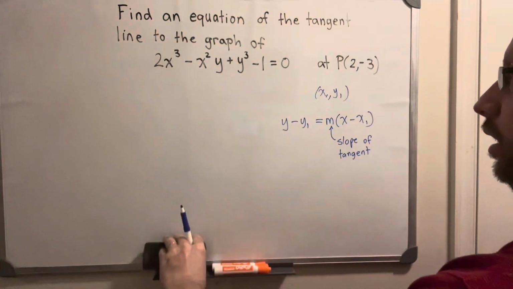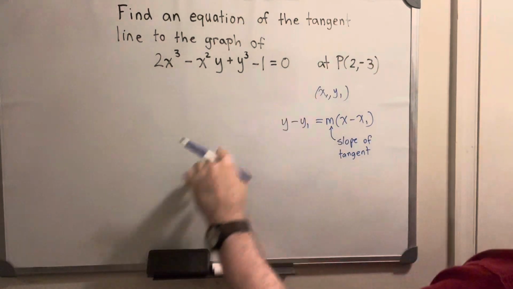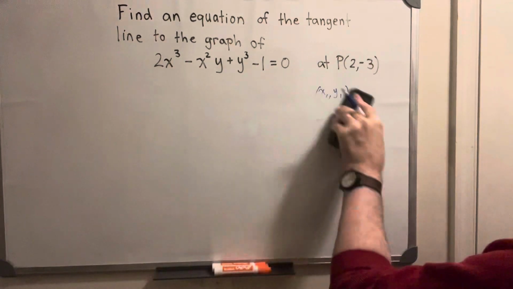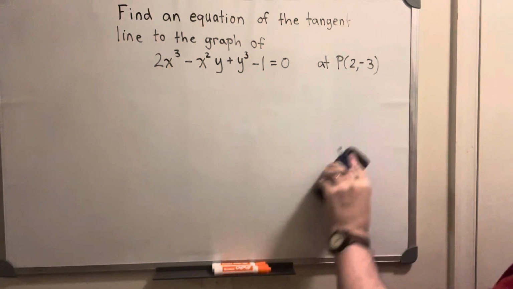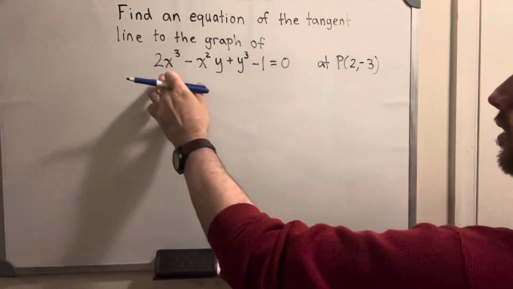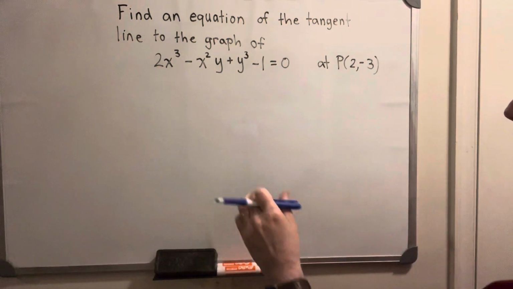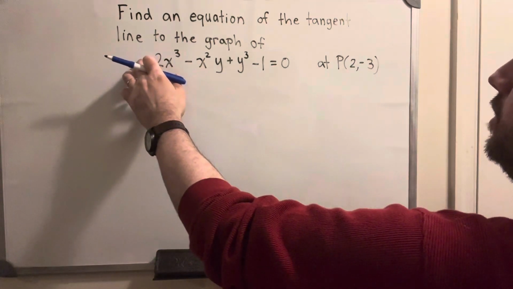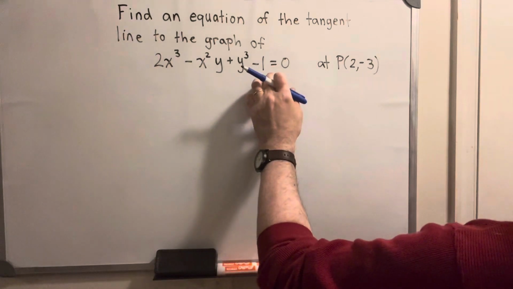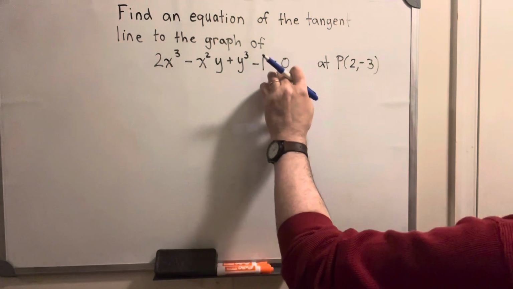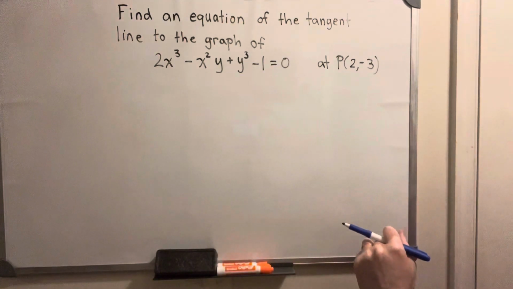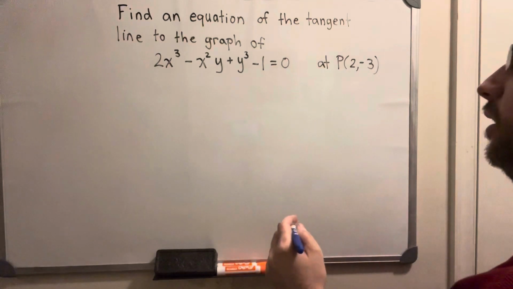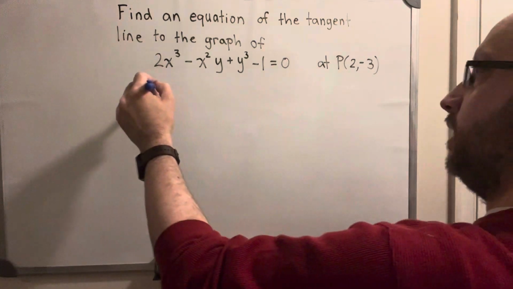So what we can try to do is, we've got this equation here. Now if we take the derivative with respect to x on the left side, it'll be equal to the derivative with respect to x on the right side. So how would you do this?